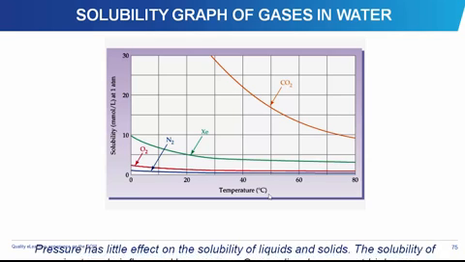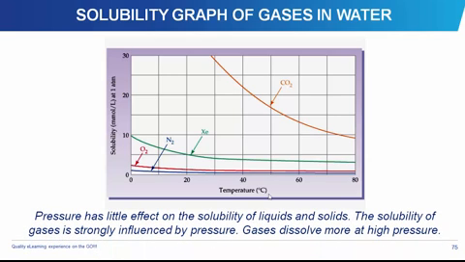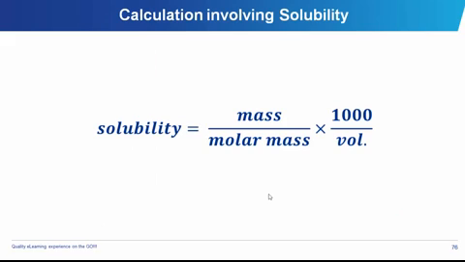Gases are also affected slightly by pressure. And there we have the solubility equation. Solubility equals the mass divided by the molar mass of the substance, multiplied by 1000, divided by the volume of the solute.